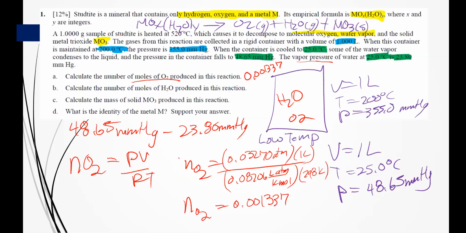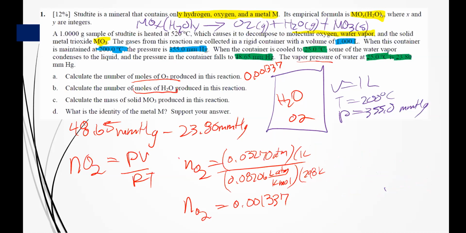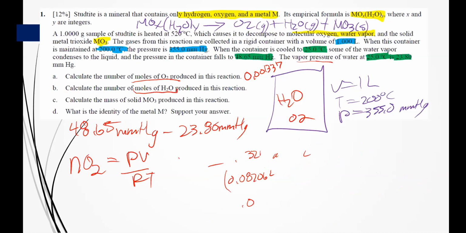So after that, they want us to calculate the moles of our water. Now to do that, we can't do it at a low temperature anymore. Because at a low temperature, some of the water is turned into a liquid and we don't know how much. So instead, what we're going to do is we're going to go back up to the high temperature when all of that water was a gas. And so we're still looking at the same thing.